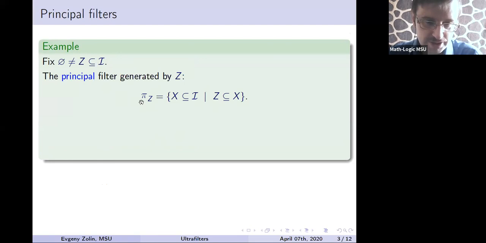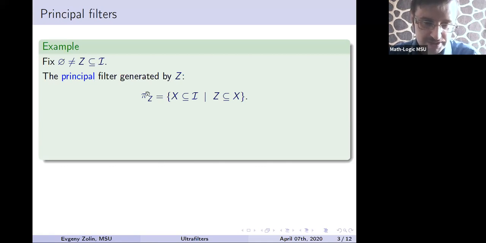One can easily check that it is a filter, and it is called a principal filter generated by this set Z. So the whole set belongs to this filter. The empty set doesn't belong because Z is non-empty. The intersection of two supersets of Z is a superset of Z. And this collection is closed under superset.